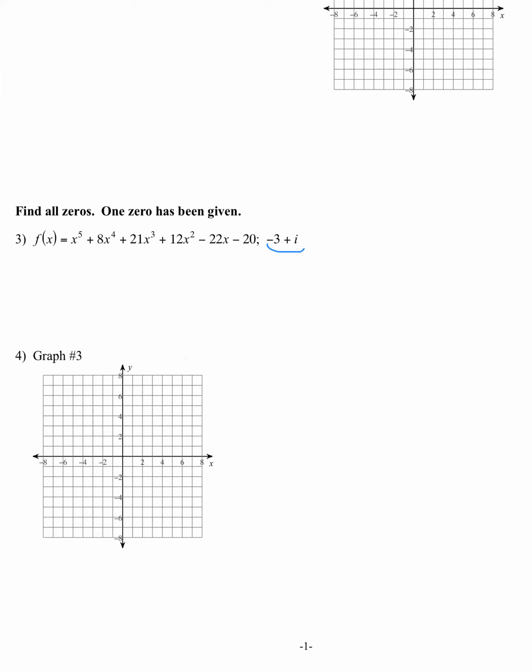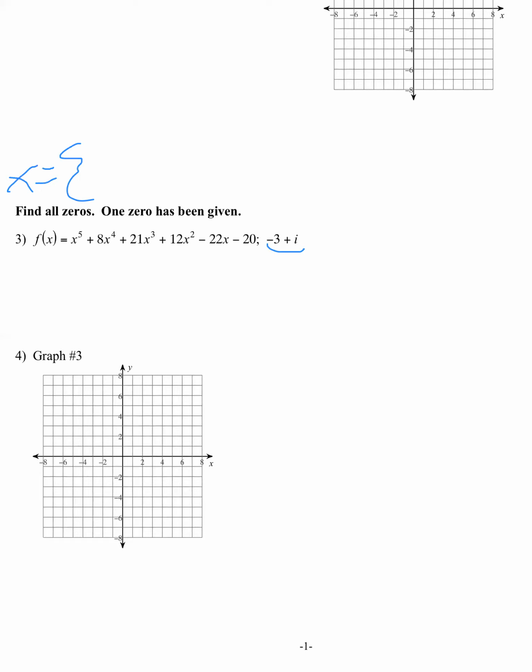So when you have a zero that has an imaginary number, or any irrational number, so if it had a square root in it, remember that they always come in pairs. So it doesn't show up to the party by itself. It will always have its conjugate with it, okay? So that means I actually gave you 2 zeros here without you even knowing it. So I'm going to keep a tally of all my zeros.